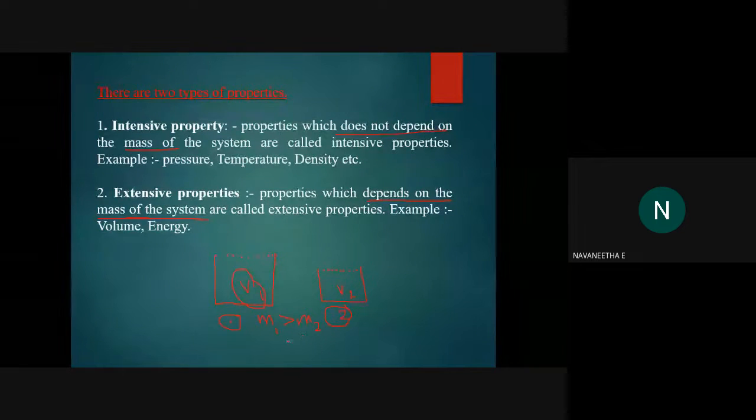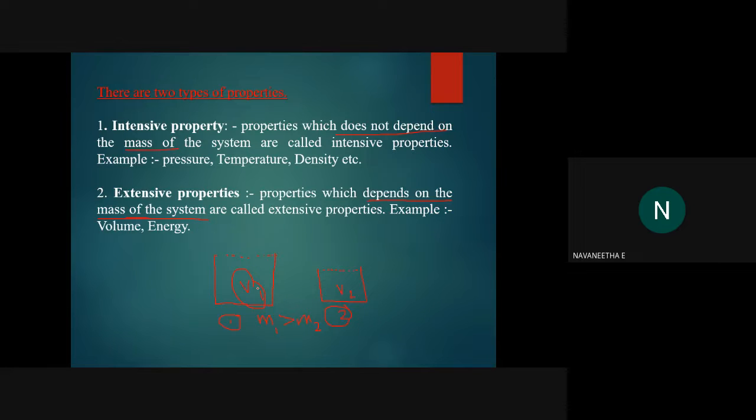Okay, if you are considering the density of water in these two buckets, what is the density? Is there any difference between the density of water in these two buckets?